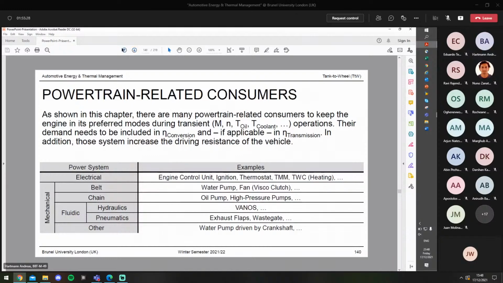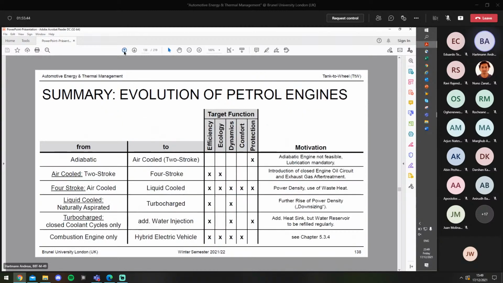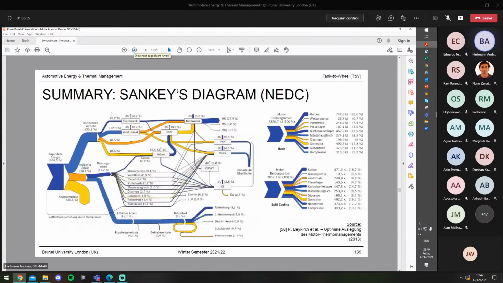And to conclude this chapter, I would like to again check a more sophisticated Sankey diagram as shown on slide 139. As you know, we've tried to figure out how these different energy flows can actually be explained. But if you do a more detailed analysis, you will recognize that the distribution of the energy flows can be even more detailed.